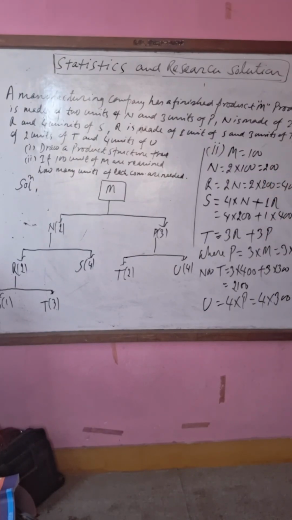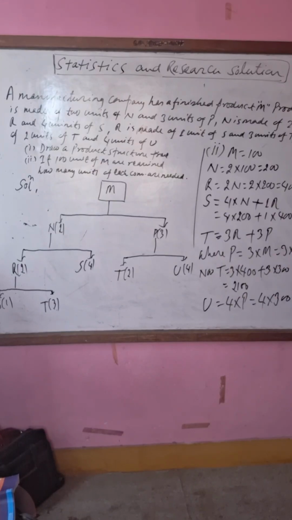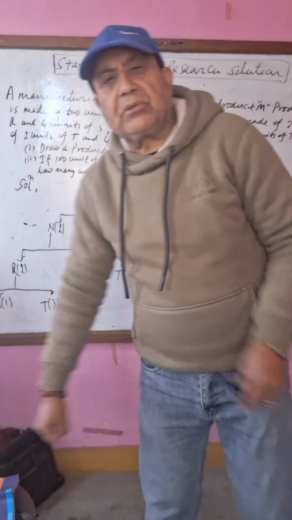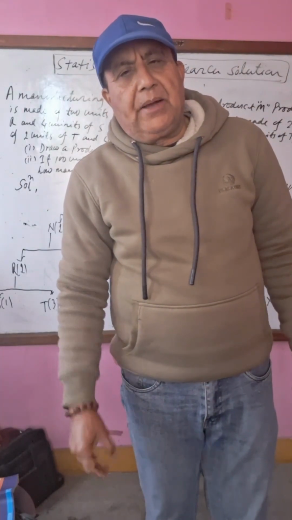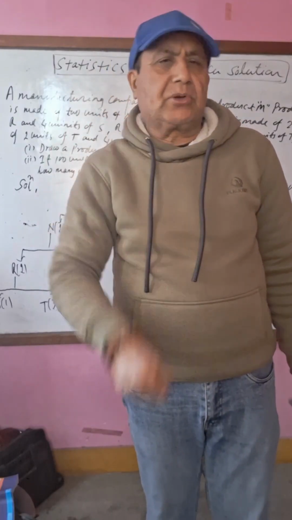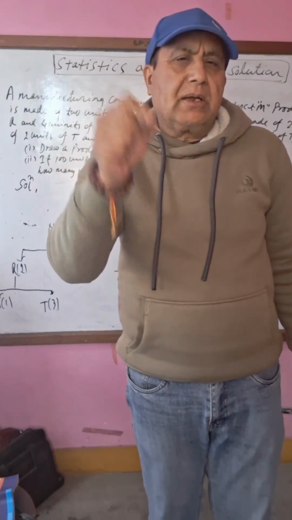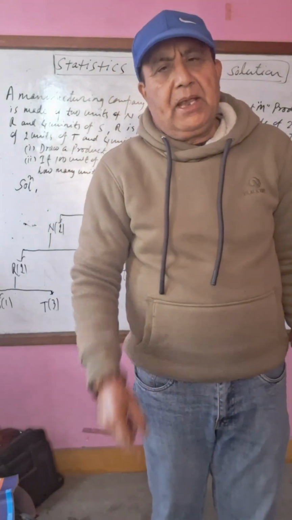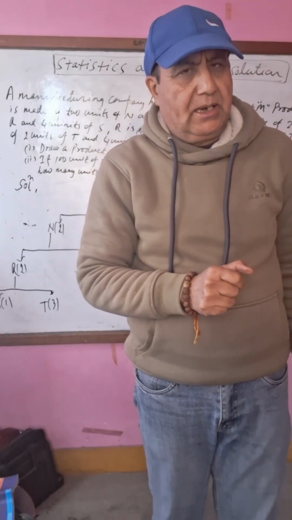M 100, N 200, R 400, S 1200, T 2100, U 1200, and P is 300. In this way we calculate the total components required to produce 100 units of M, the final product.